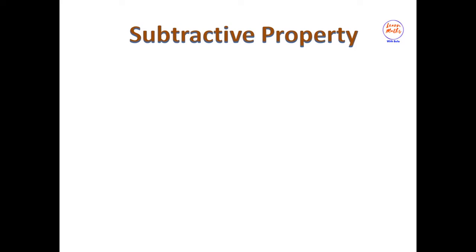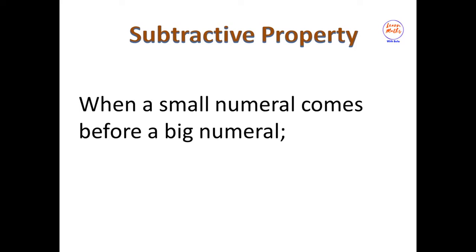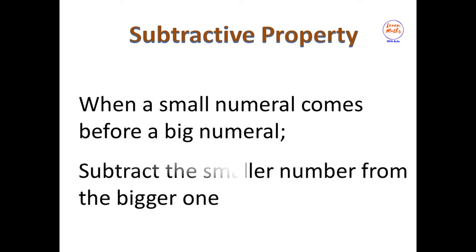The subtractive property is only valid when a small numeral comes before a big numeral. When a small numeral comes before a big numeral, you subtract the smaller numeral from the bigger one.